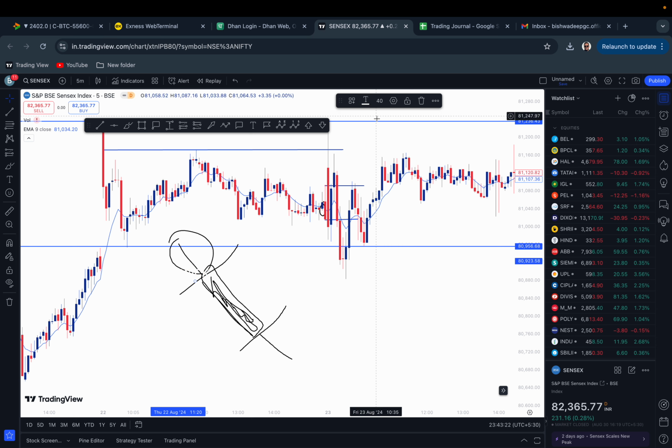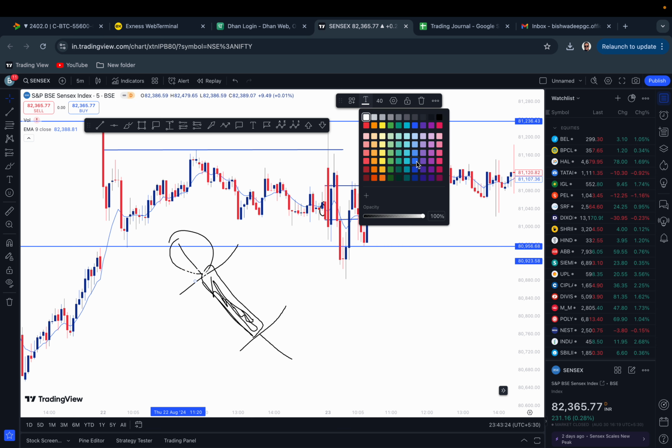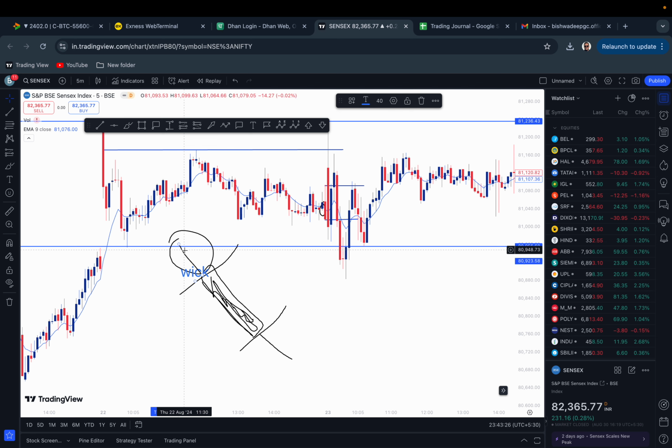Let me change, sorry, it can't be blue. Yeah, these are the wicks and this is the body. This is the body. Okay.